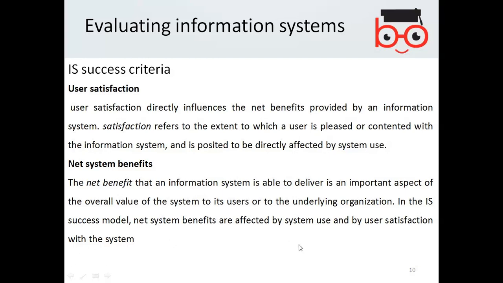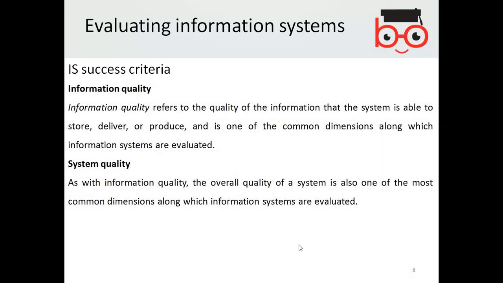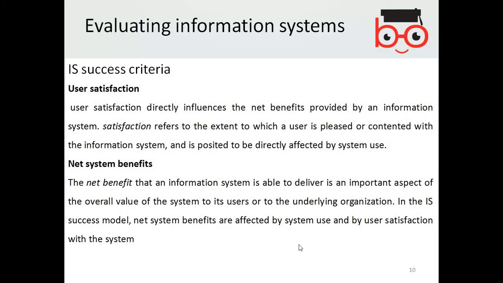So the user satisfaction is a key success area, as well as the system quality, and by joining both of them, they give an overall system satisfaction and net system benefits.